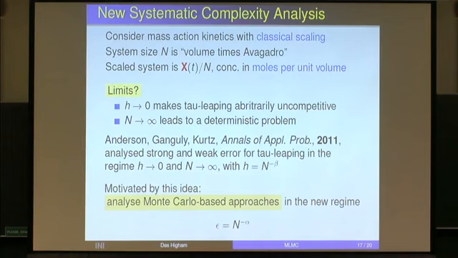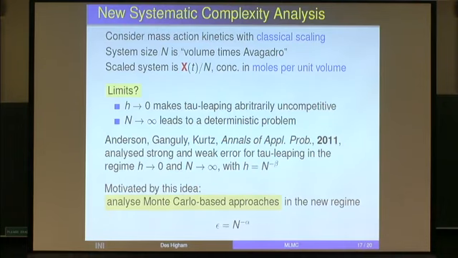We're going to focus on the case of classical scaling. So under mass action kinetics, there's a classical scaling of the system size represents volume times Avogadro's number. So that's the version that we're going to use. So we'd like to think of large system size, n goes to infinity in this scaling. As I mentioned earlier, we've got to think carefully about limits.